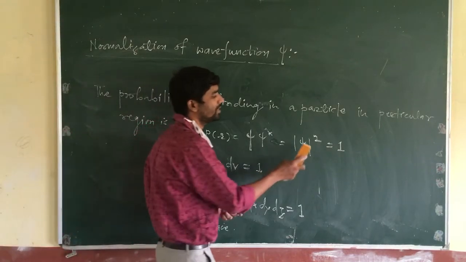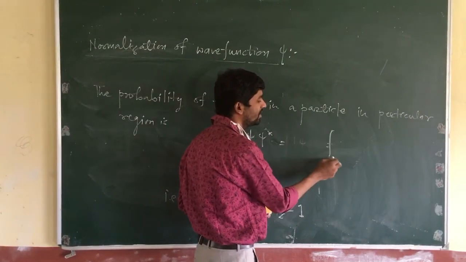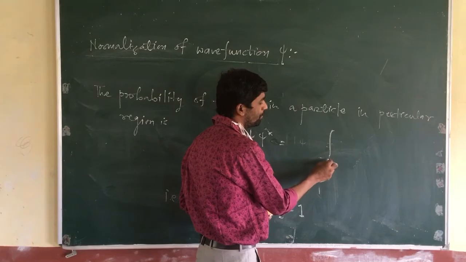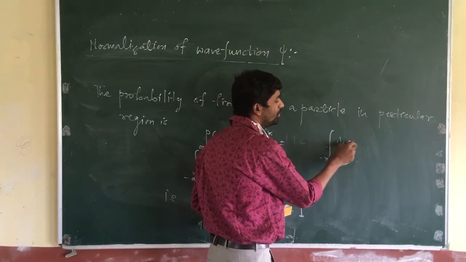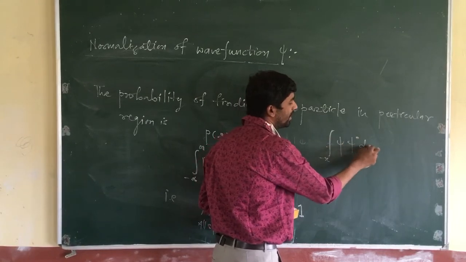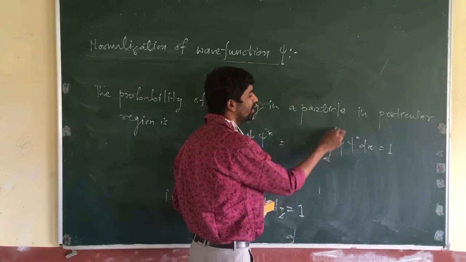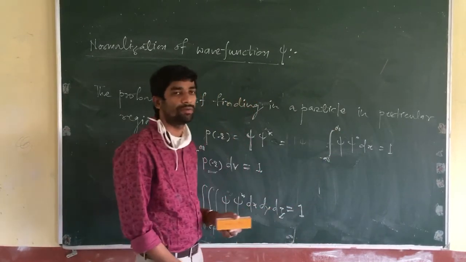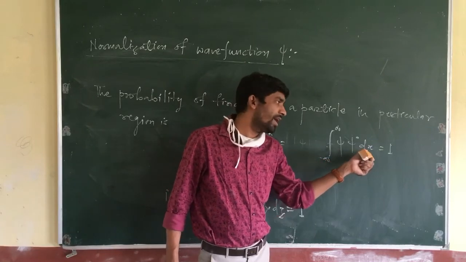If I have to take the condition for 1 dimension, then its integration over the region x of psi into psi star dx is equal to 1. You can take it from minus infinity to plus infinity. Okay. So it is the value of psi in only the x region.